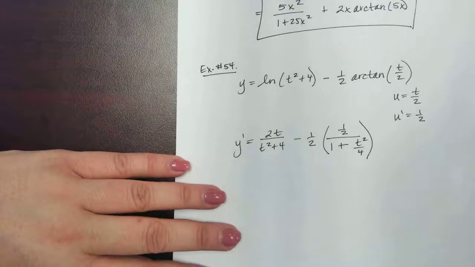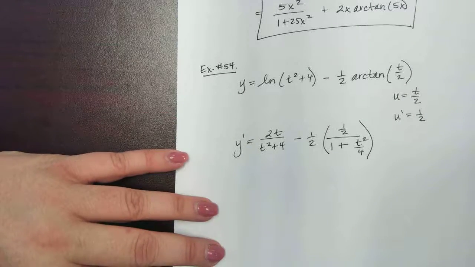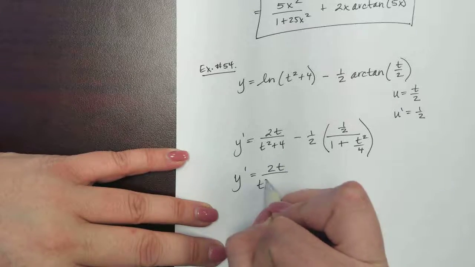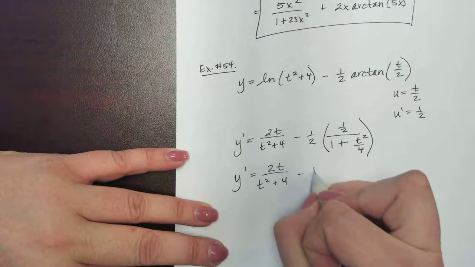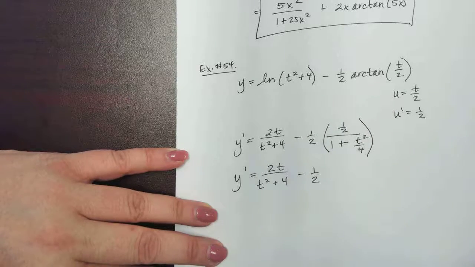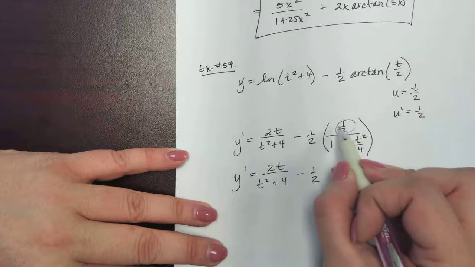All right? So let's go. y prime equals 2t all over t squared plus 4. This stays. Minus 1/2. This 1/2 I can pull out front. Does that make sense? This 1/2, so it'll be 1 over 4.